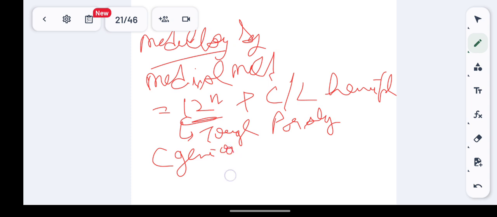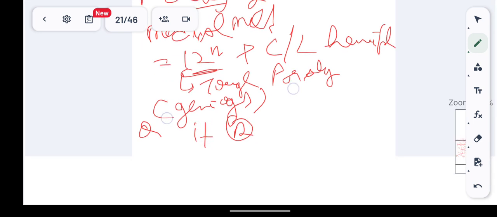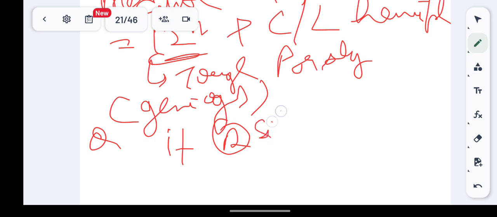And remember, suppose one question came: if right side tongue paralysis is there, which side of the nerve is affected? Think.